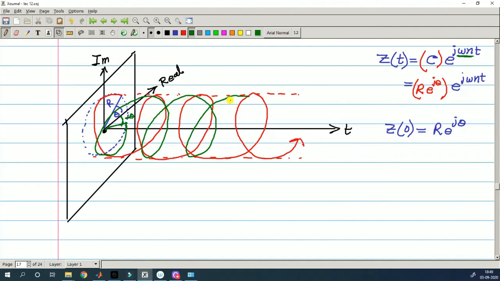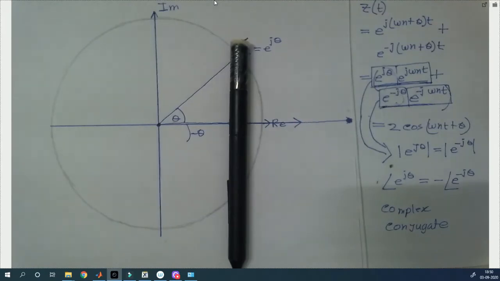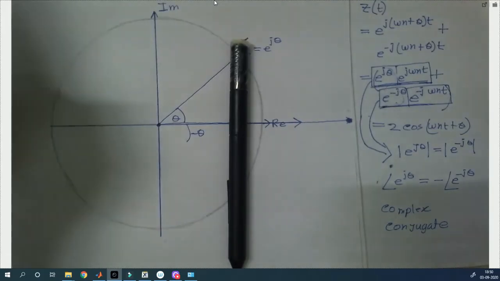So that at any point of time their imaginary components are equal and opposite and will cancel each other. So the sum of these two signals will always be real. Okay, sum of this plus this is always real, sum of this plus this is always real, and they all occur pairwise. So that's all for today.